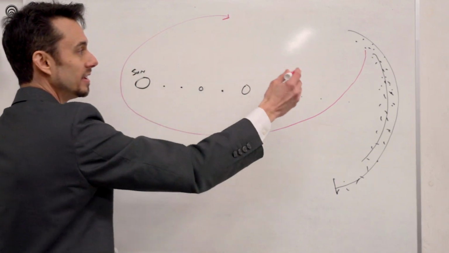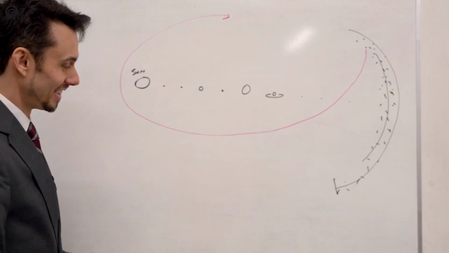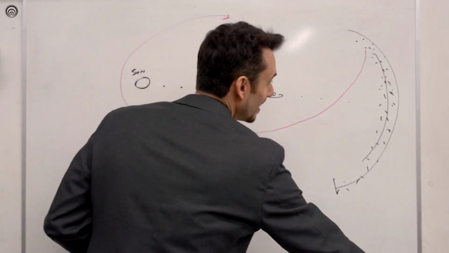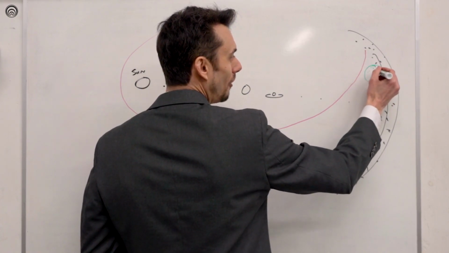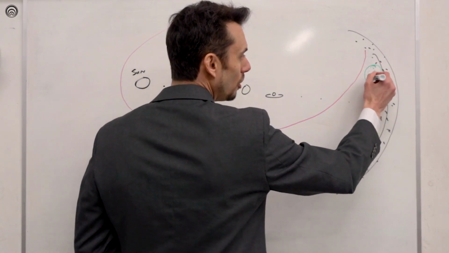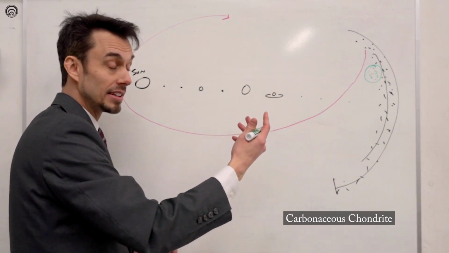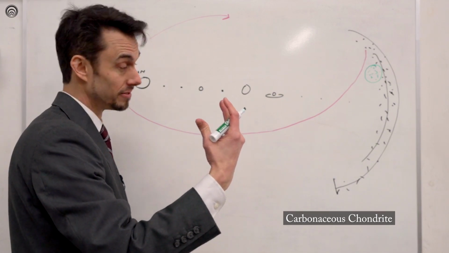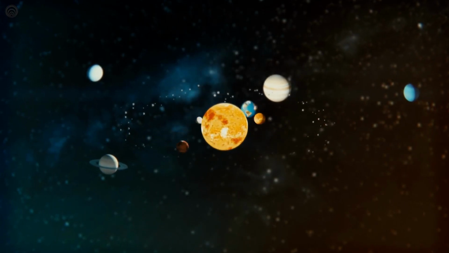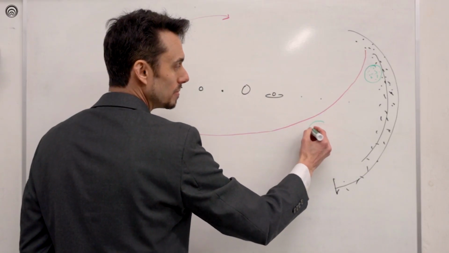And they come in to the inner solar system. Here's what happens to that rock. It starts out as a snowball. This is called a carbonaceous chondrite. It basically is an undifferentiated snowball rock. It's frozen. As it comes into the outer solar system and into the bigger planets, it transforms slightly.